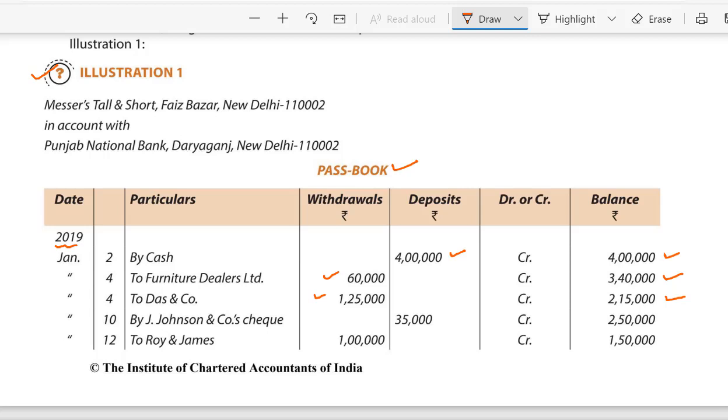On 10th January, there is a deposit made by J. Johnson and Company. The closing balance is 2,50,000. On 12th of January, the payment is made to Roy and James and the closing balance is 1,50,000.